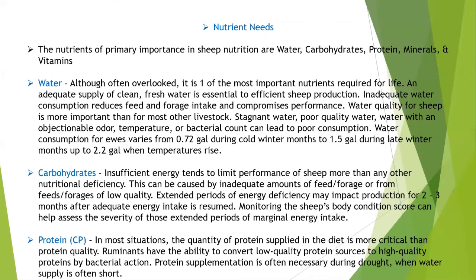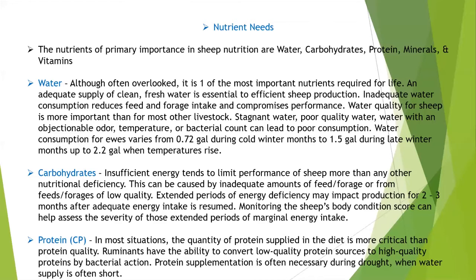You need an adequate, clean supply of fresh water in order for the sheep and goats to be able to thrive. Inadequate water consumption reduces feed and forage intake, which means that your animals are not going to produce as much weight and be able to take care of offspring.